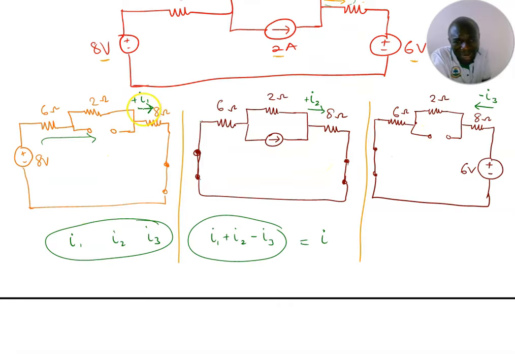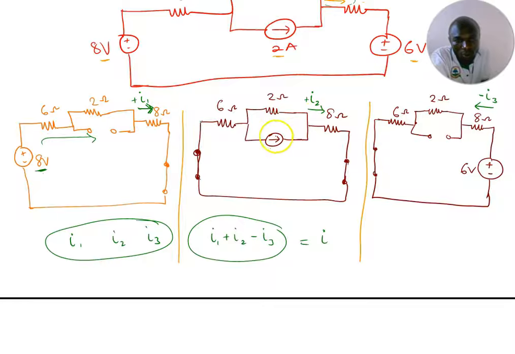So the I1 is determined by what? By the 8 volt battery. So we want to analyze how much current the 8 volts is contributing towards the current that is flowing to the 8 ohm resistor.